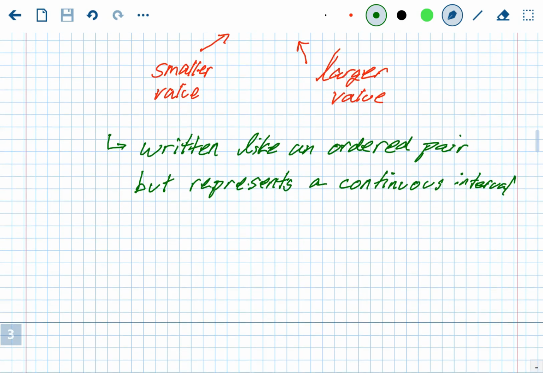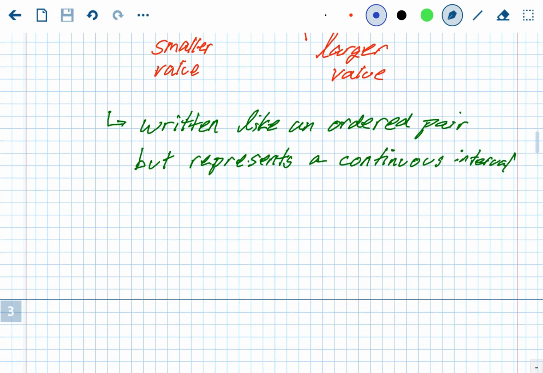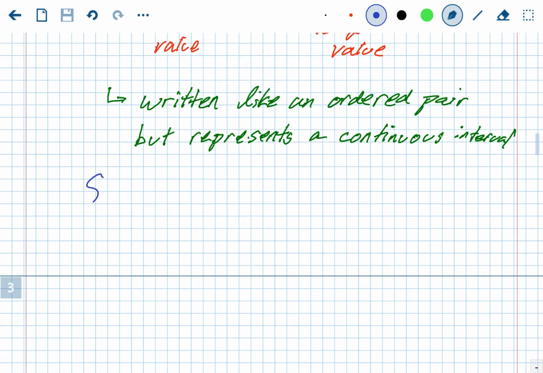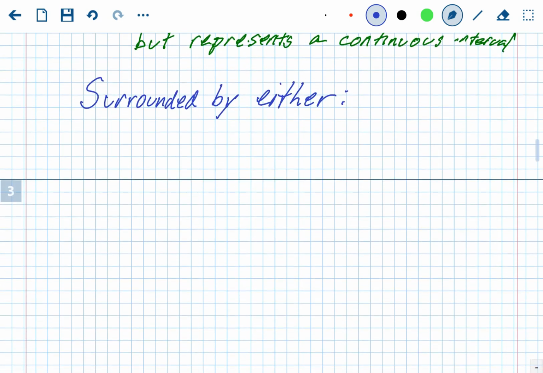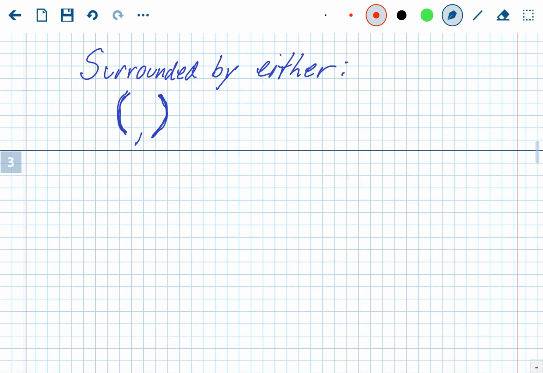To make matters worse, your interval is going to be surrounded by two things. There are two options for these. Your smaller value is going to get one of these two pieces, and your larger value is going to get one of these two pieces. Your interval is going to be surrounded either by a set of parentheses, so just normal parentheses, or square brackets.